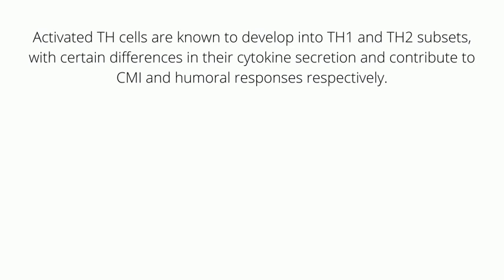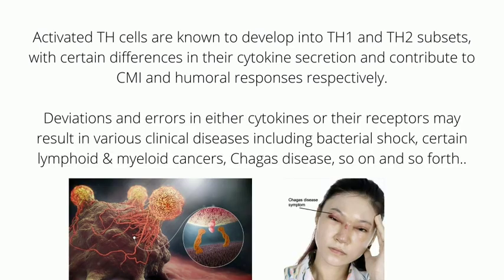So guys, cytokines are so important that deviations and errors in the amount of either cytokines or their receptors may result in various clinical diseases, including some serious conditions like bacterial shock, certain lymphoid and myeloid cancers, Sjogren's disease, and so on and so forth.